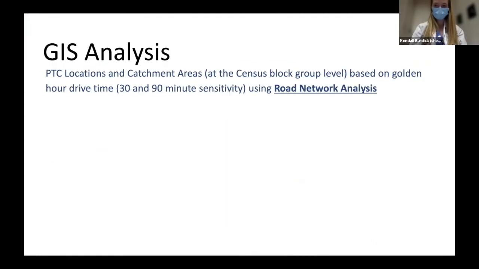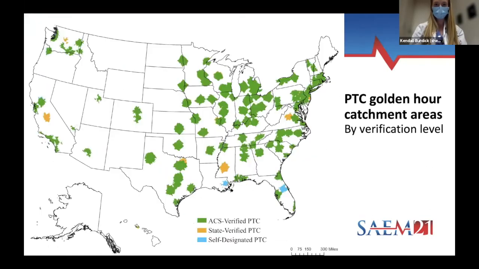Absolutely. Great question, Dr. Holmes. Let me pull up a supplemental slide. So we use the strict definition of ACS verified centers. Here you can see that some states have their own verification process, and we've done the coverage area in this kind of a UT orange color, as well as some centers are self-designated as trauma centers, and we added those in blue.